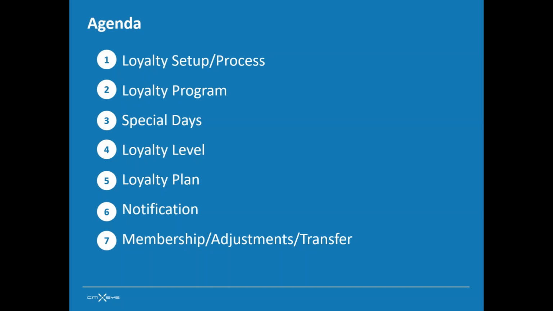We're going to talk also about the different notifications that you can set up in your system for your customers. And finally, we're going to talk about how the membership groups, the adjustments, and the transfer of loyalty IDs can take place in loyalty. I think I'm missing one last point in the agenda, which is the loyalty reports and loyalty dashboards, which we're going to cover very briefly.